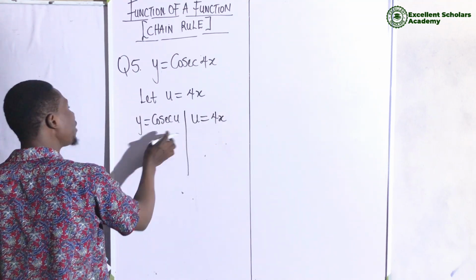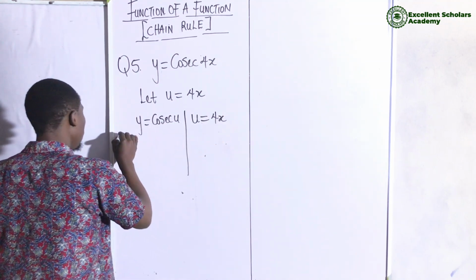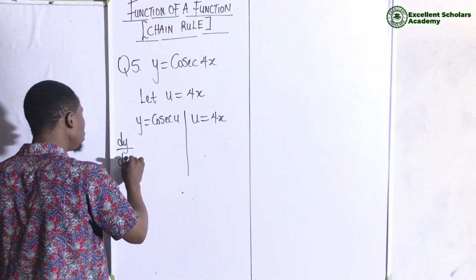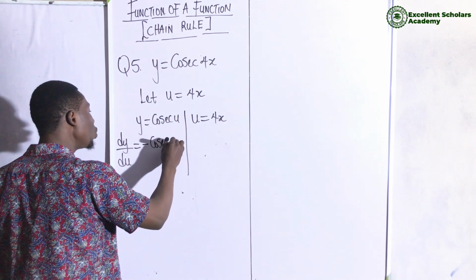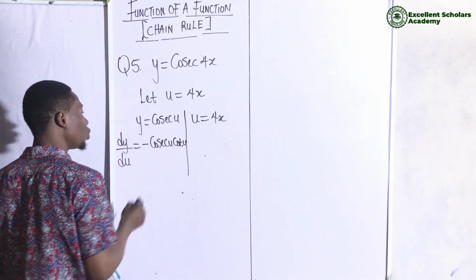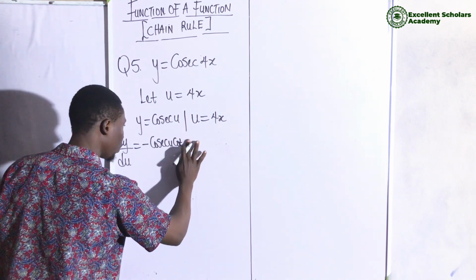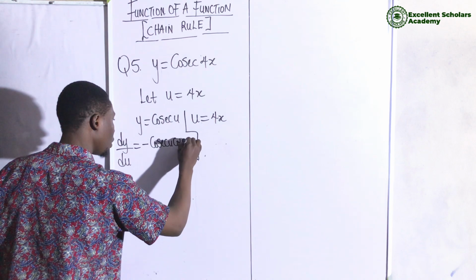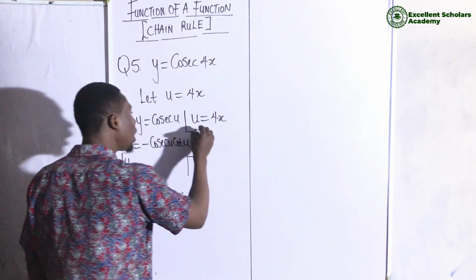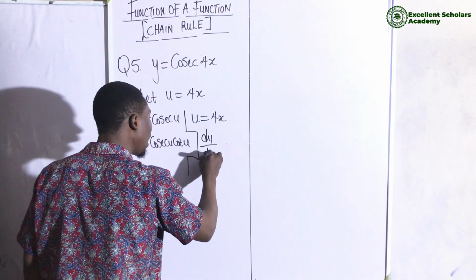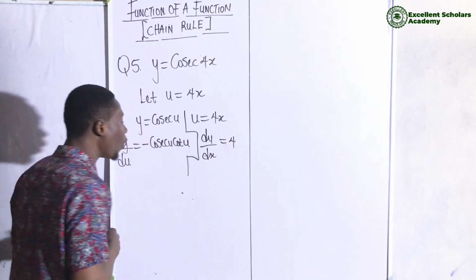So differentiate this. If you differentiate cosec u, that's dy du, you are going to have minus cosec u cot u. That's what you are going to have. Now differentiate this. Your du dx is going to be equal to 4.